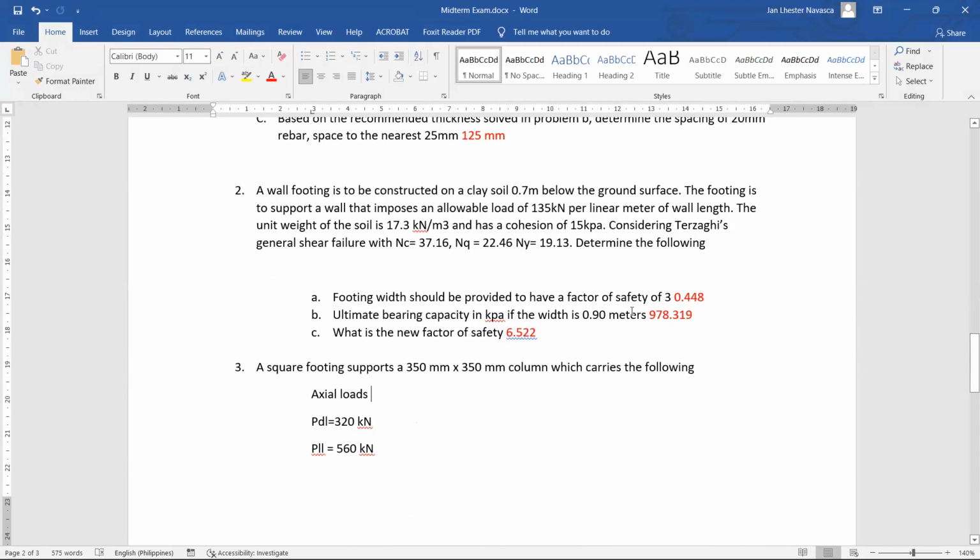And the unit weight of your soil is 17.3 kilonewton per cubic meter with a cohesion of 15 kPa. So considering Terzaghi's general shear failure, which is NC and Q and N gamma, determine the footing width. Okay, when you provide a factor of safety of 3, the ultimate bearing capacity if the width is 0.9 meters, and the new factor of safety using the width of 0.9 meters.